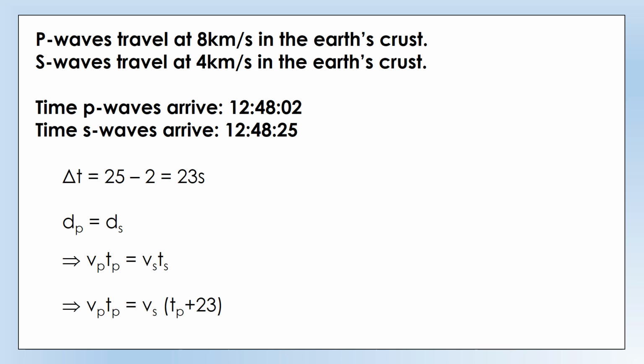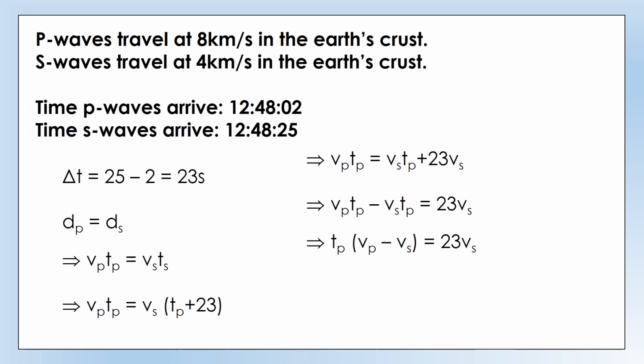So I've made a substitution in our equation there. Then what we can do is multiply out those brackets. So essentially I've multiplied Vs by Tp and Vs by 23. Then I'm going to collect all of the Tp terms on the left-hand side. So I subtracted VsTp from both sides.